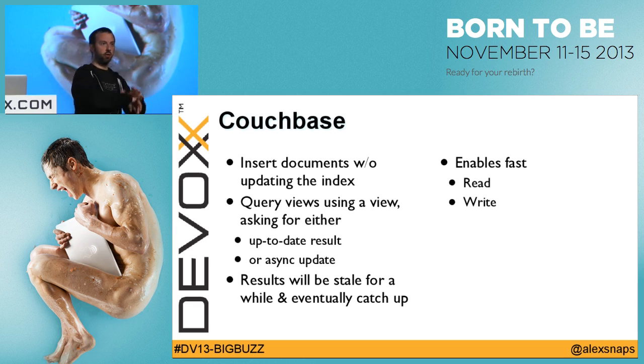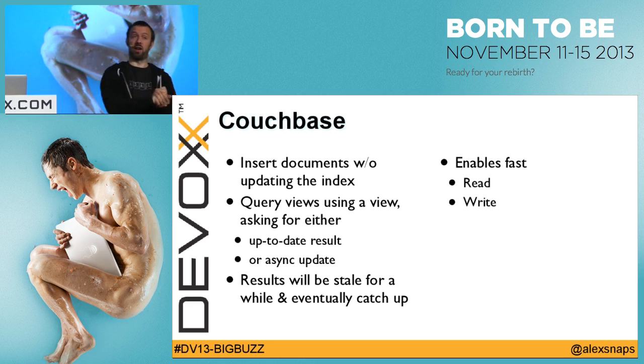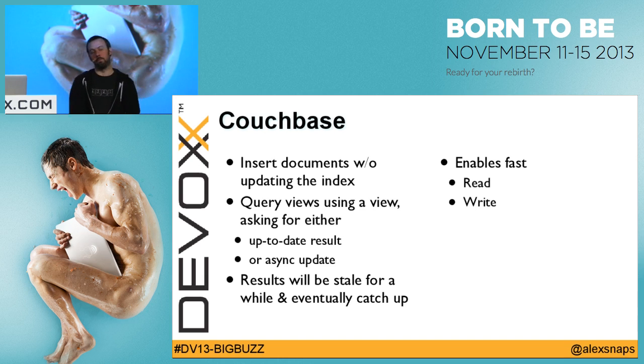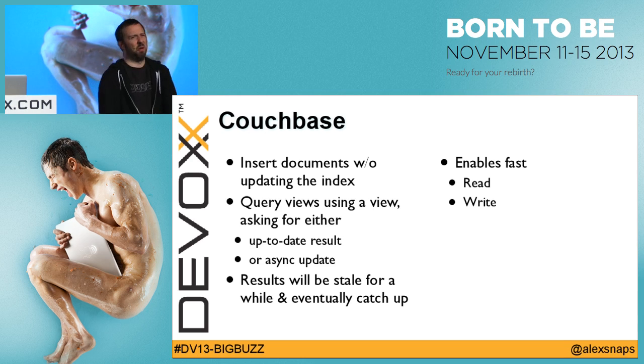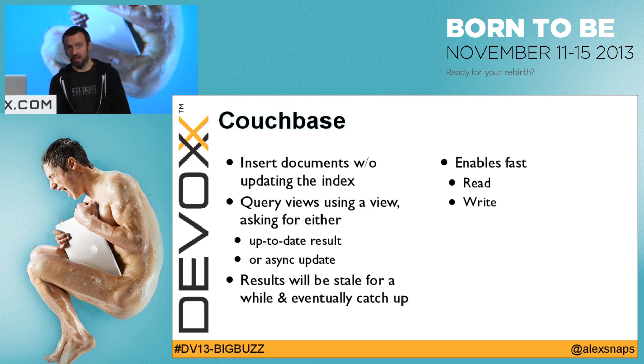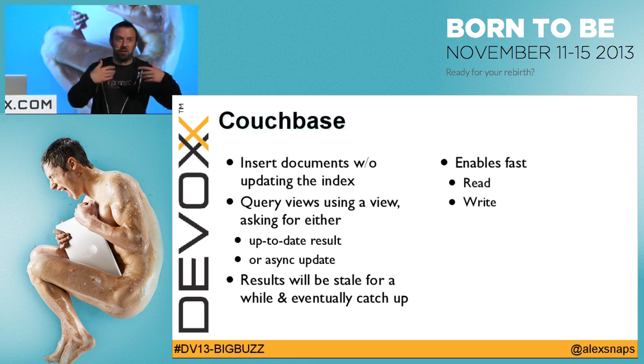And then when somebody queries for the view, actually Couchbase lets you decide how up-to-date the result is going to be that you're going to get. So I can tell it that I don't care. Whatever you have in the index is good enough. We're talking about page views. I mean, what's the semantic, especially under high load?